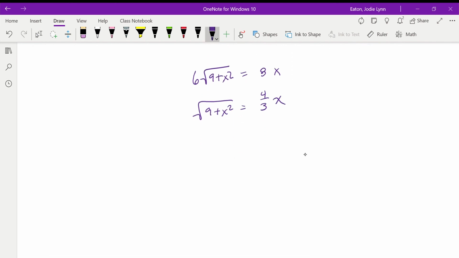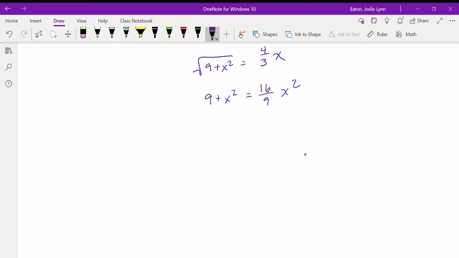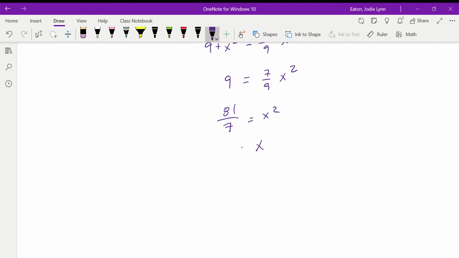Squaring both sides, 9 plus x squared equals 16 ninths x squared. 9 equals 7 ninths x squared. 81 over 7 equals x squared. So x equals 9 times root 7 over 7.